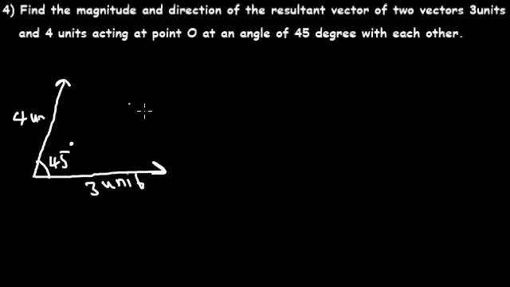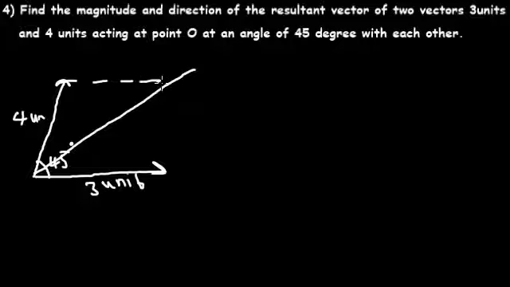The goal is to find the resultant vector, and we said the resultant vector will be the diagonal of the parallelogram. So if we join this parallelogram now, the goal is to find r. Now we said this side will also be 4.